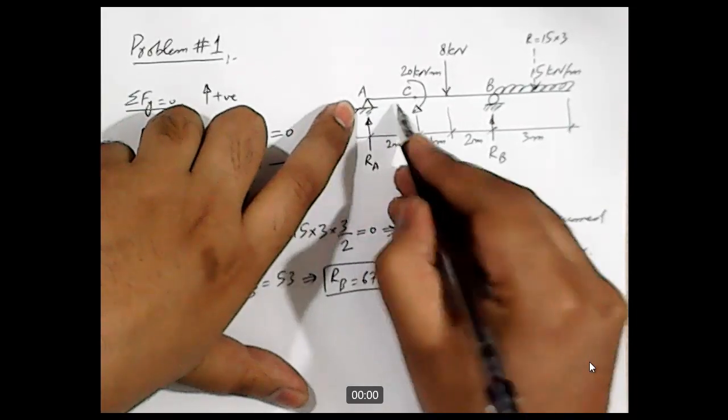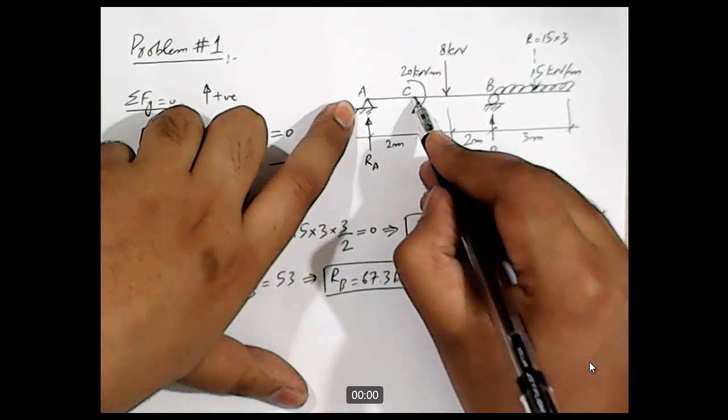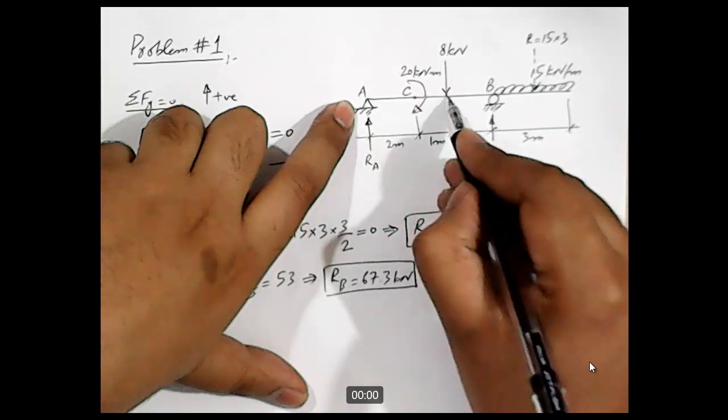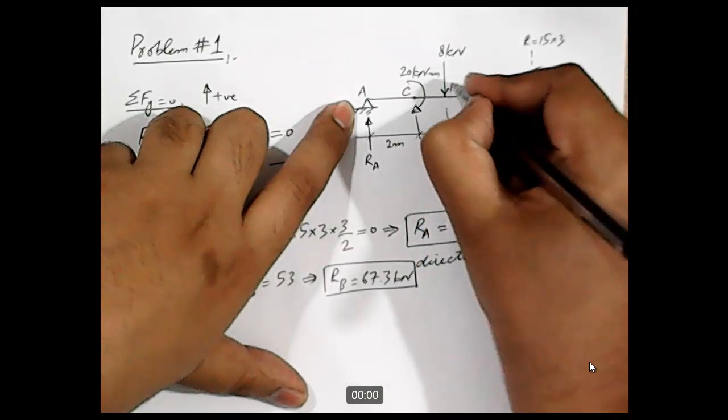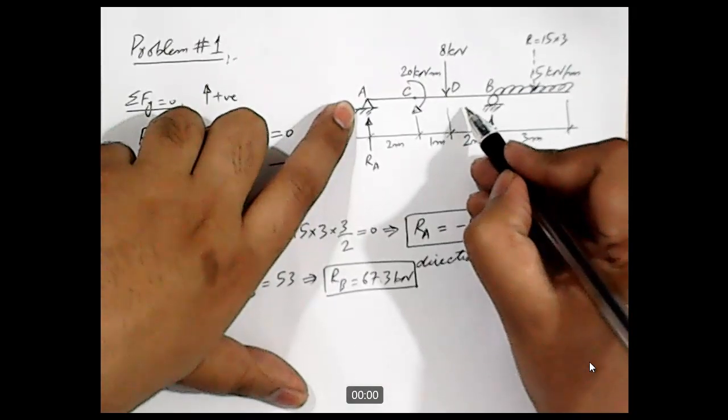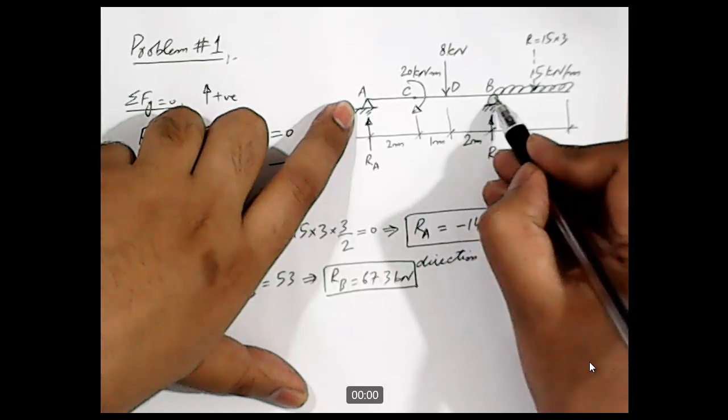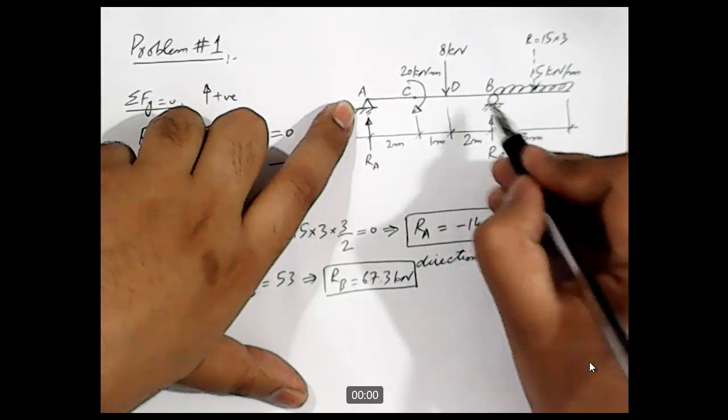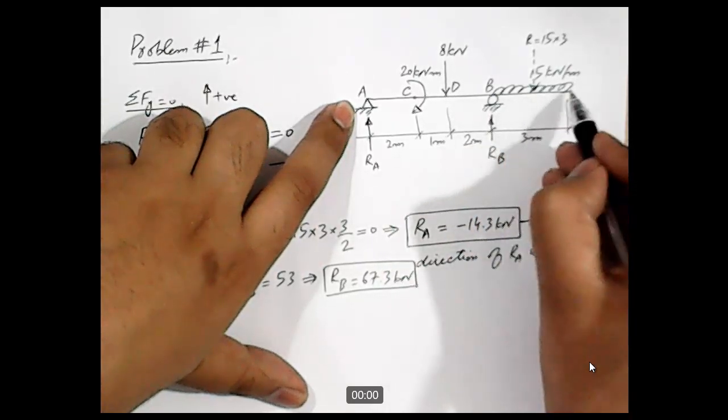So AC is one portion, and then if we move further from C, we come to this point where we have a point load. So this point should be another dividing line. We'll call this point D, and then we have a support here at point B, so DB will be one portion. And then we have this overhang.